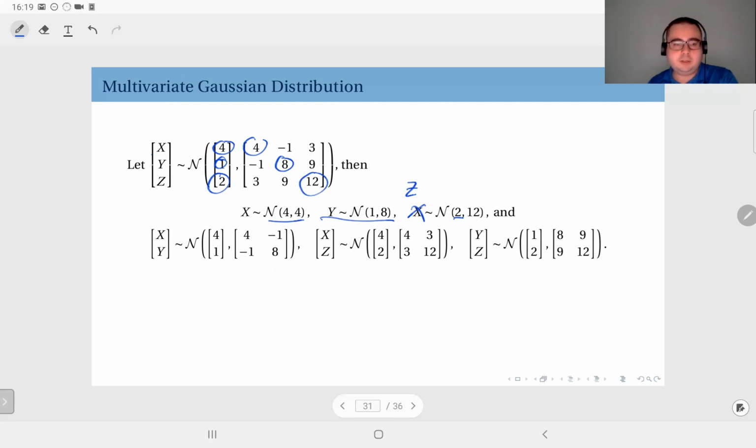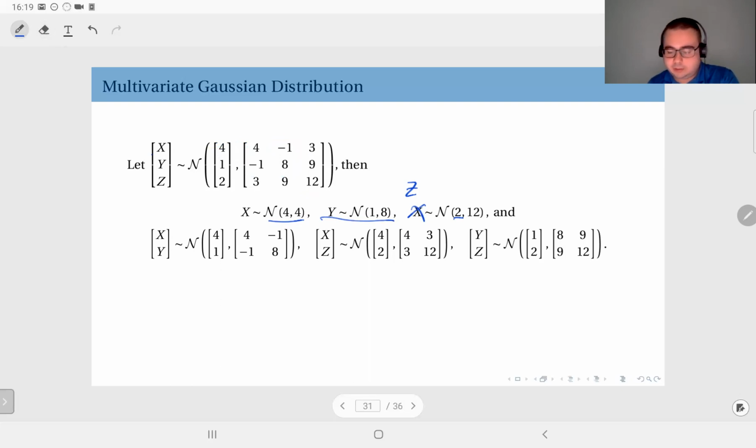And let's look at the pairs, X and Y together. X and Y together, again, will be jointly Gaussian. They will now be bivariate Gaussian. And the mean vector will be this. And this will be the covariance matrix. Similarly, X and Z, this will be the mean vector. This will be the covariance matrix. X and Z will be jointly Gaussian.